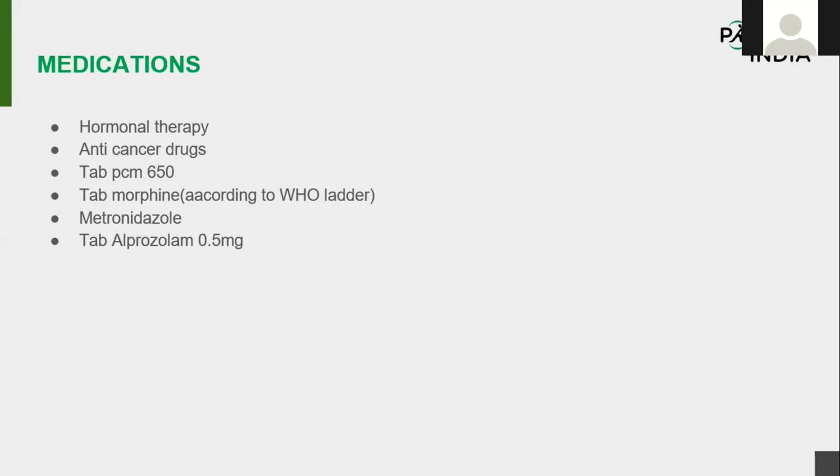Ma'am, I think it's 4 mg. 4 mg injection or tab? It's tab. Usually we get 5 milligram, 10 milligram strengths. Yes, it's 5 mg. Okay, so this patient is on tab morphine 5 milligram, right?